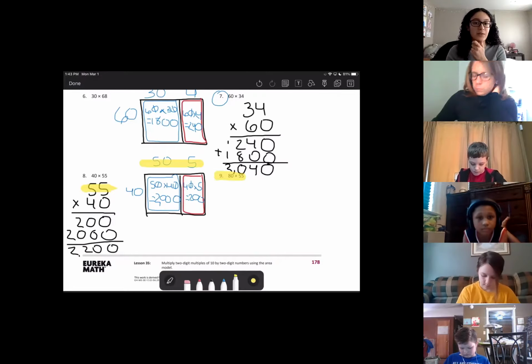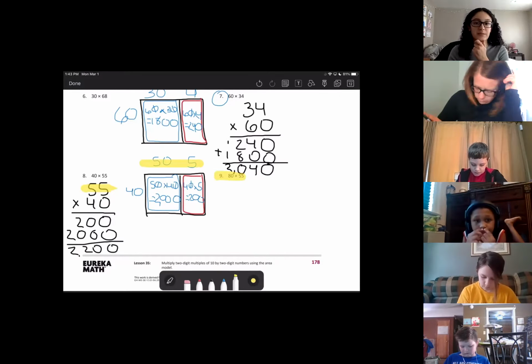So I'll stop sharing my screen. Noah, work on number 9 on your own. And if it helps, you can draw your area model to the side to help you figure out the answer, if that makes it easier.